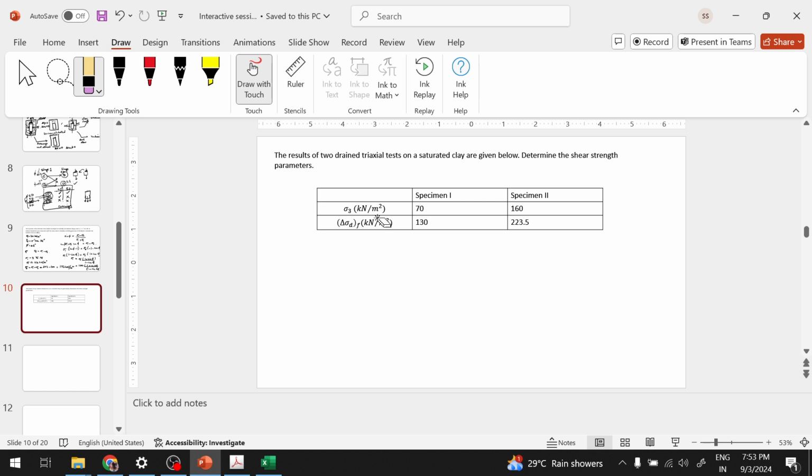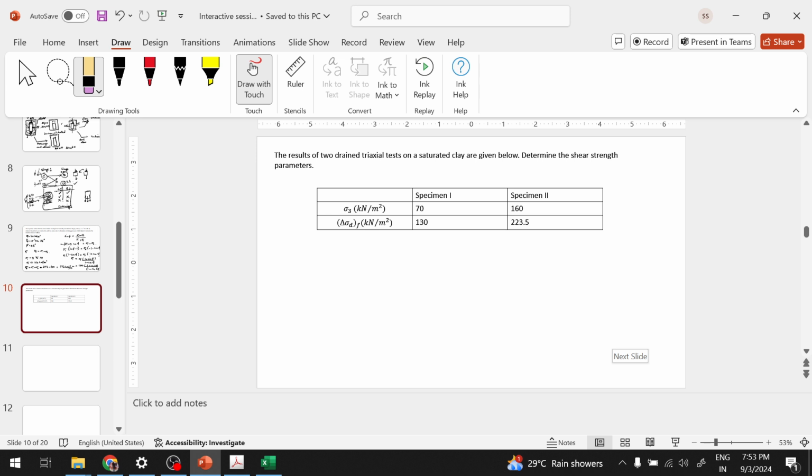This was fairly simple. The results of two drained triaxial tests on saturated clay are given below. Determine the shear strength parameters. This should be fairly simple now, isn't it? We know that sigma 3 plus sigma d will give us sigma 1, and from sigma 1 we can either draw the Mohr circle, or we can calculate. Saturated clays, two drained tests.